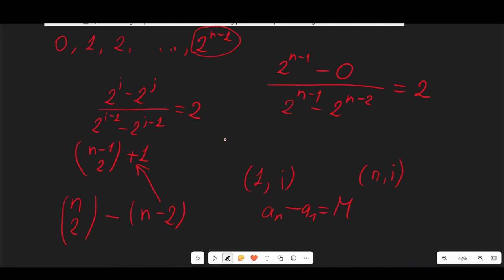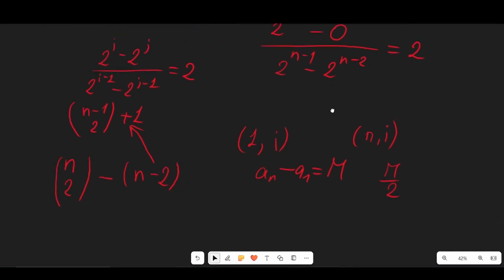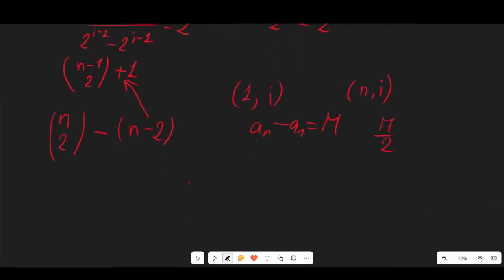And if we have any number which is greater than m over 2, this pair cannot be interesting. Now we will see that at least one of these pairs, (1, i) or (i, n), would not be interesting because it would be more than half.